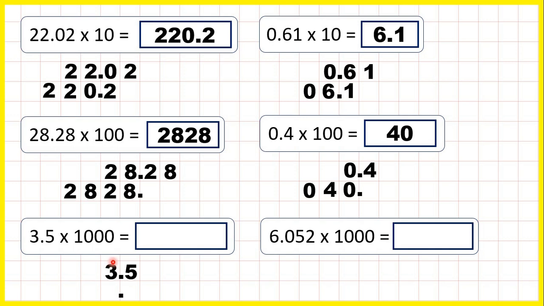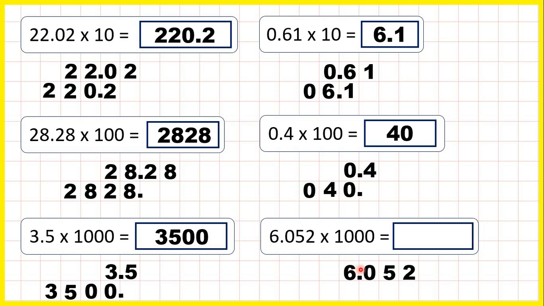So if we copy down this 3, 1, 2, 3 squares to the left, and do the same with this 5, we now have 2 empty squares before the decimal point. So we need to write zeros in these empty squares to show that the 3 is now in our thousands place and the 5 in our hundreds. So now the decimal point is at the end, so we have the whole number 3500.